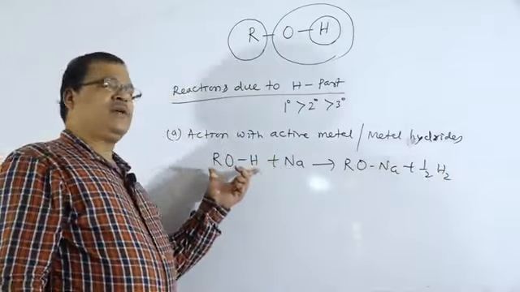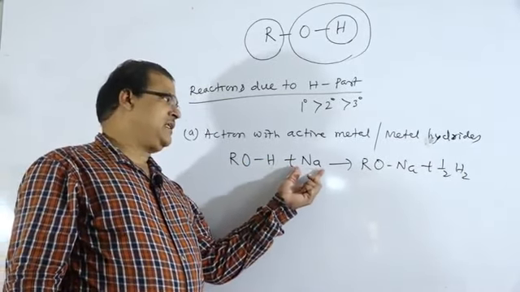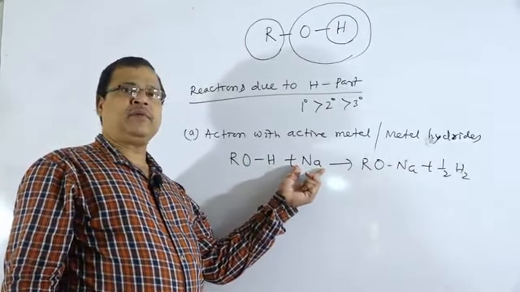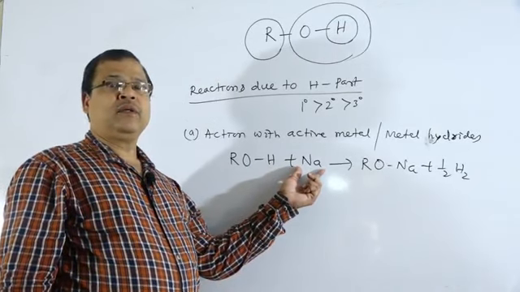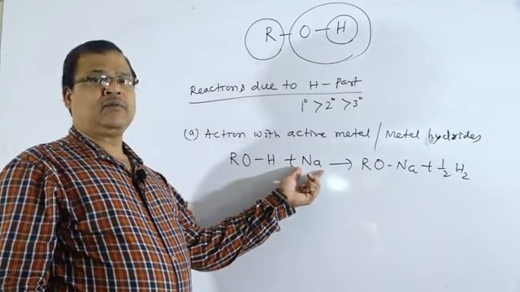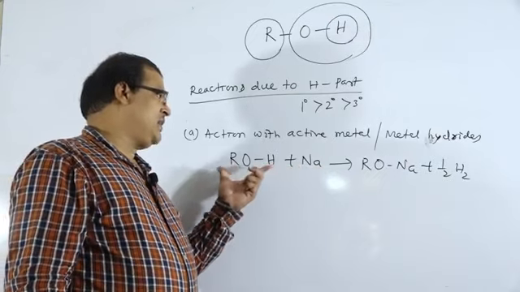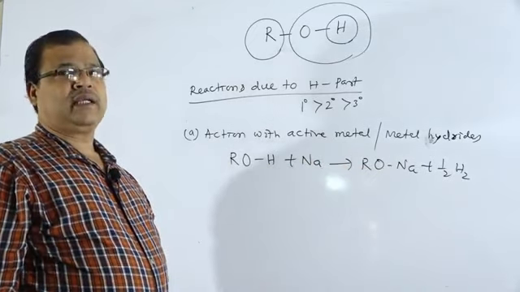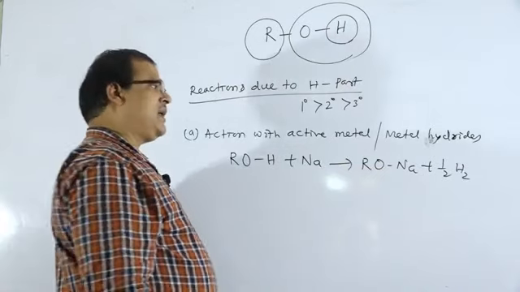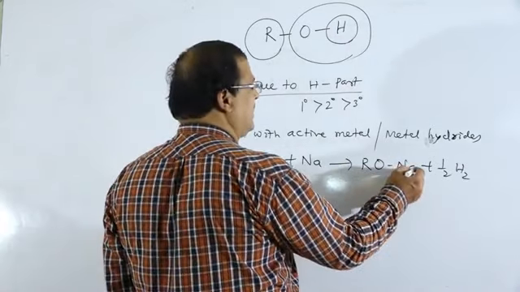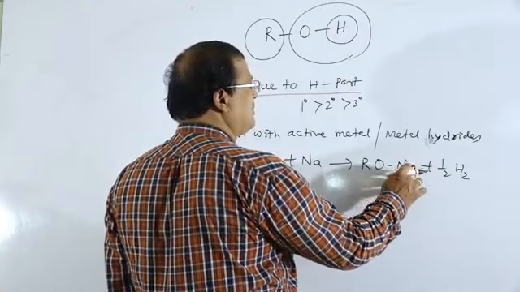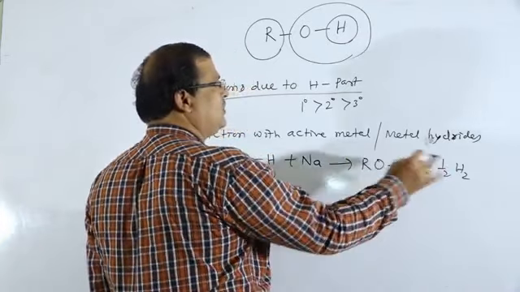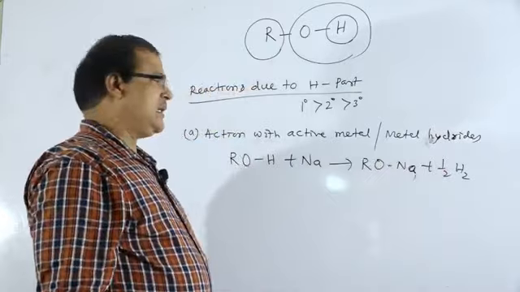So whenever alcohols are treated with very reactive active metals like sodium, potassium, magnesium, these metals react with the alcohols, and there is the formation of metal alkoxides, sodium alkoxide, with the release of hydrogen gas.